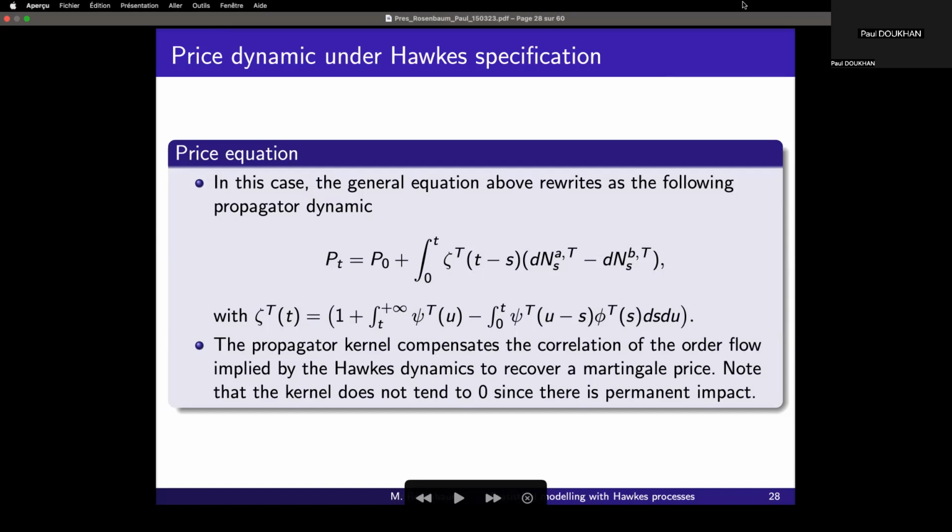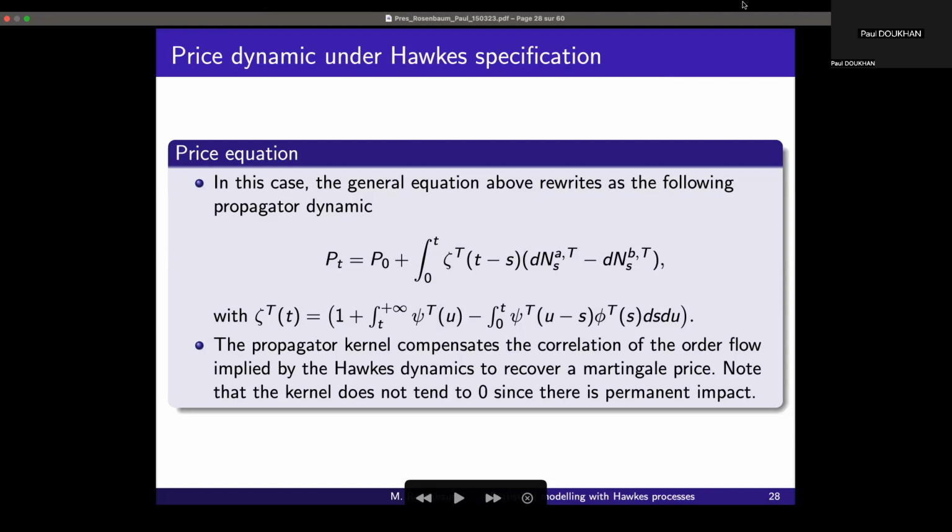This is the way the market is going to digest the information that is given by the buy orders and the sell orders. Each time you have a buy order, the price jumps by zeta of 0 and decays. And there is something very interesting here, something that seems contradictory. With Hawkes processes, you introduce memory. You can forecast the intensity and so on.